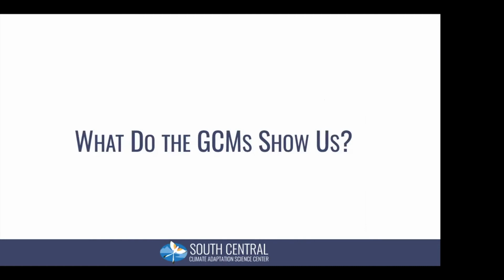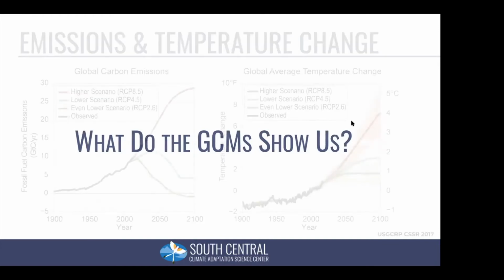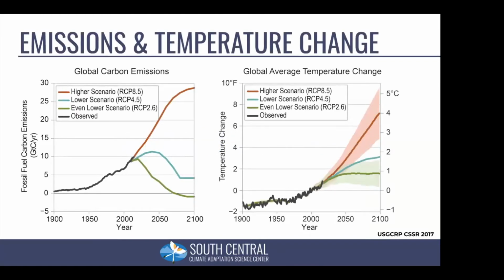So now let's look at what global climate models tell us about changes in the Earth's climate. Let's examine a few scenarios that we use to examine possible futures. Scenarios anticipate possible future changes in emissions and other radiative forcings to our climate system.